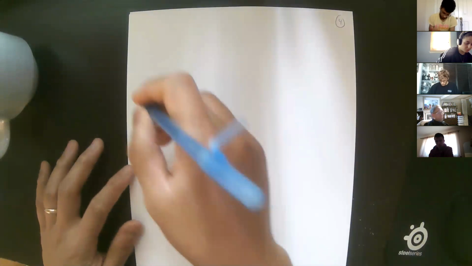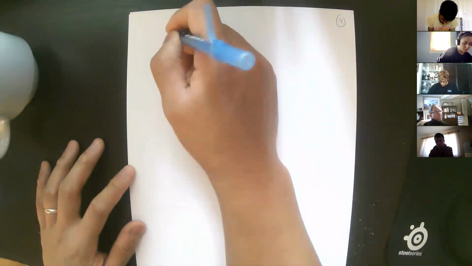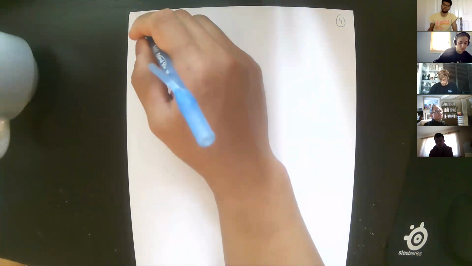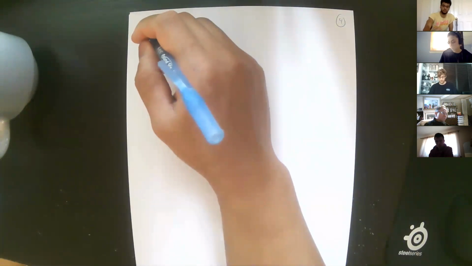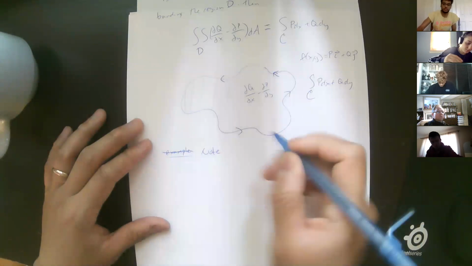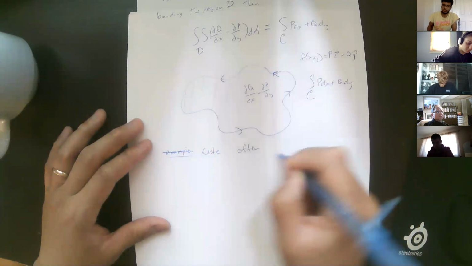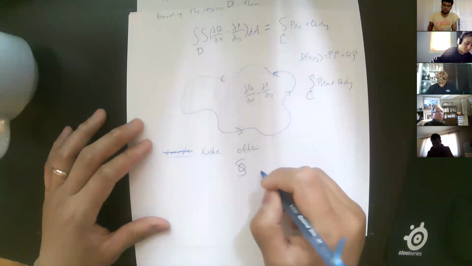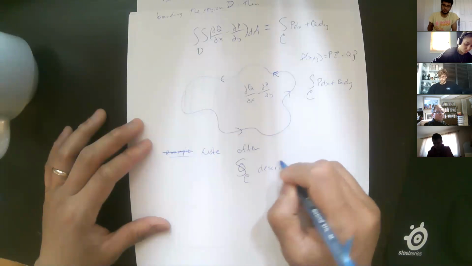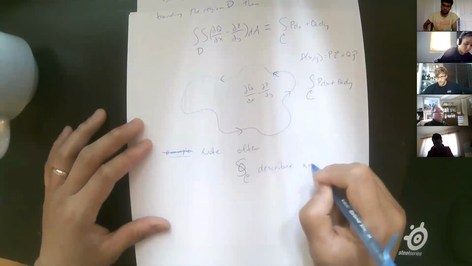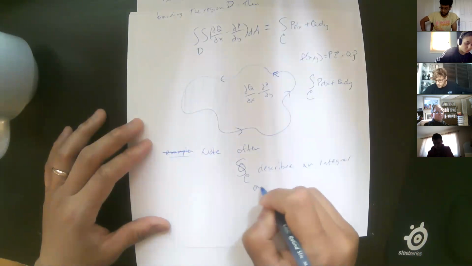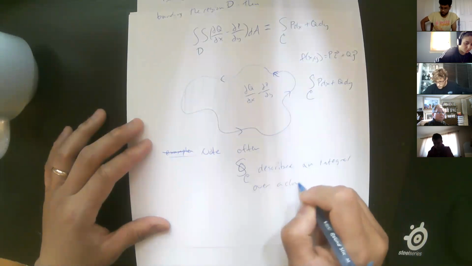I've got something that looks like this. Oh, note, I should probably put this over here because I forgot to tell you that. Note, often this symbol describes an integral over a closed curve.